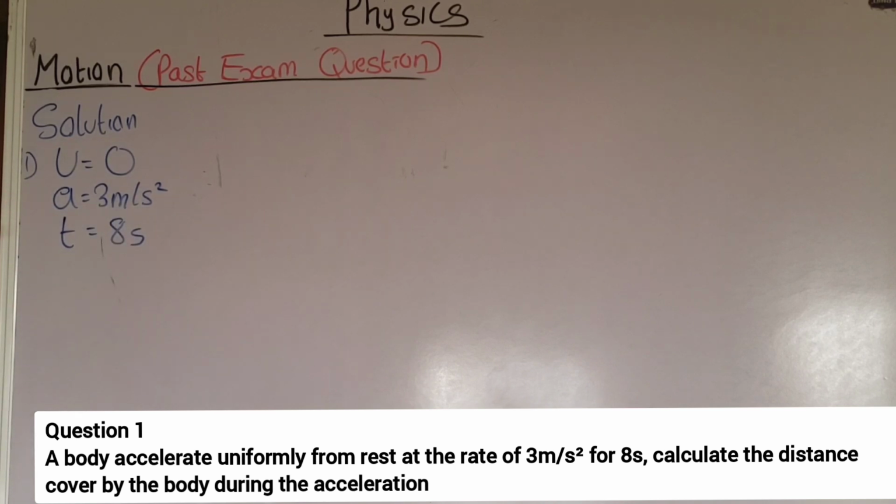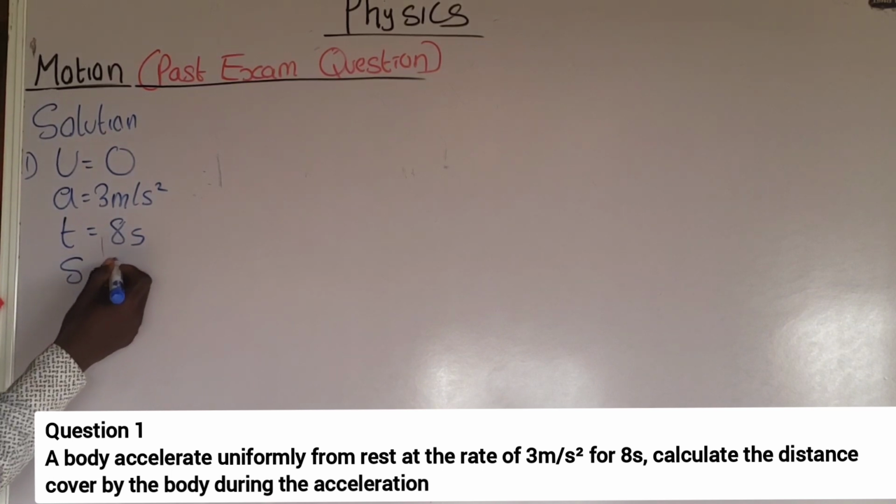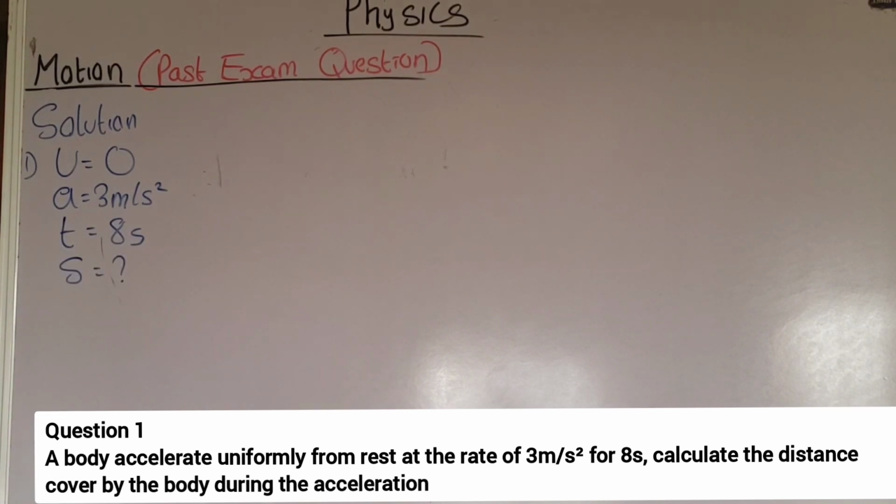We are asked to calculate the distance covered by the body during the acceleration. s is unknown. Now, how do you determine the value of s? Which equation of motion are we going to use?